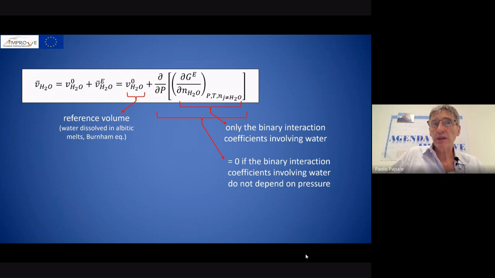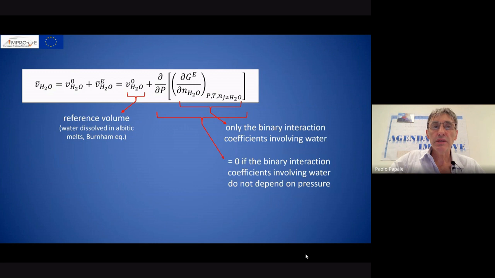If that deviation exists, that will be reflected in the pressure dependence of the binary interaction parameters involving the dissolved water. Instead, pressure-independent binary interaction parameters involving water would imply that the partial molar volume of water in the melt under consideration is the same as the partial molar volume of water in albitic melts as described by Burnham.